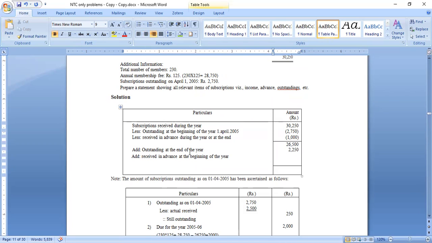So finally, it comes around 28,750, which we have to show in the income and expenditure account as an income. Income from subscription during the year.